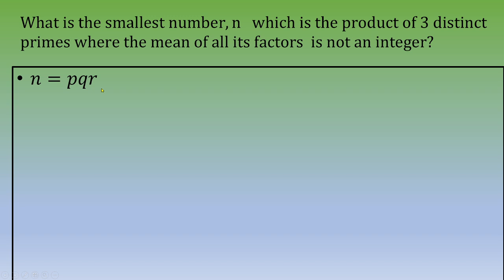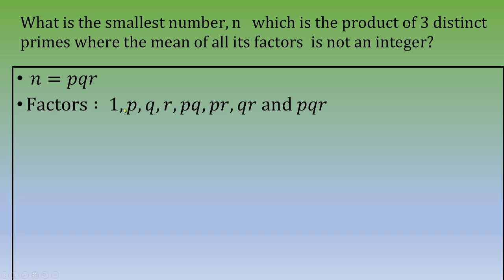So first, we are going to write down that n equals p times q times r, and p, q, r are three distinct primes. So next step, this is to find out all these factors of n.